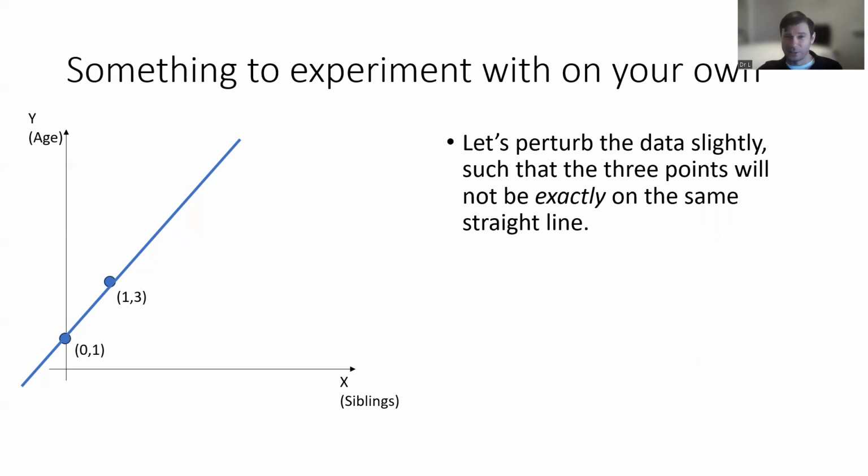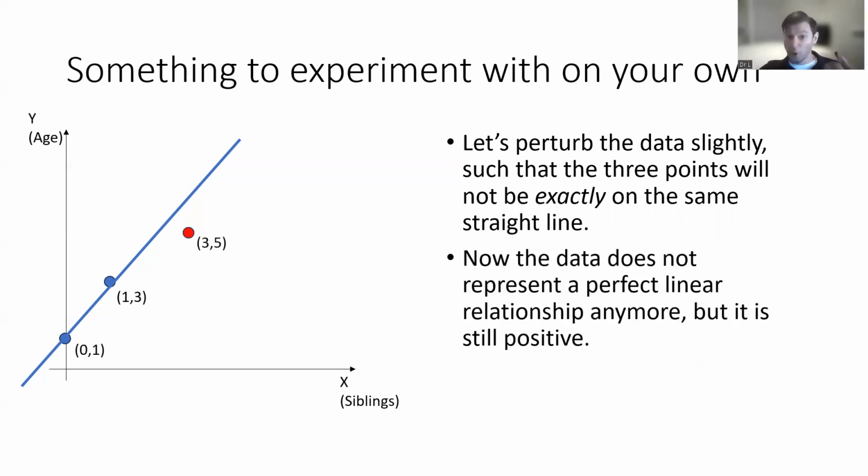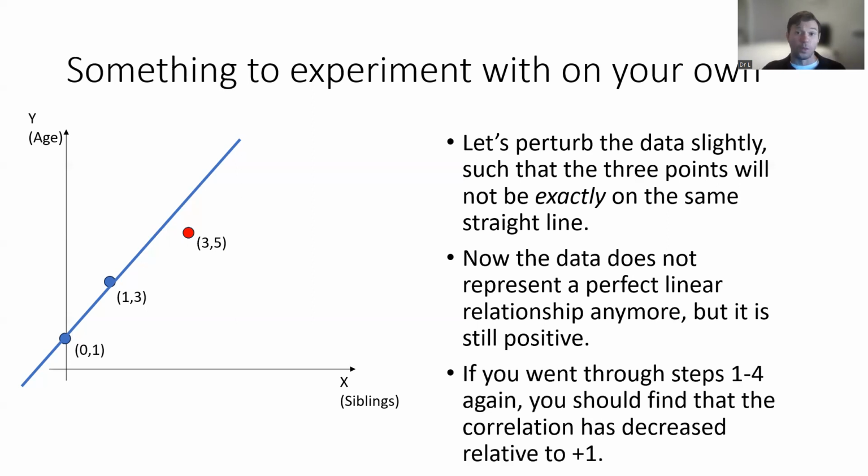So instead, that individual is 5 years old, but has, let's say, 3 siblings. Note now that the data set no longer represents a perfect linear relationship, but it is still a fairly obvious positively sloped relationship. So what I would like you to do on your own is go back again through steps 1 through 4, but with these 3 values instead of the other 3 values.